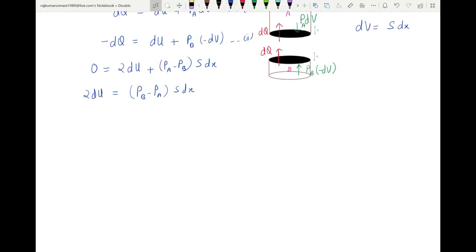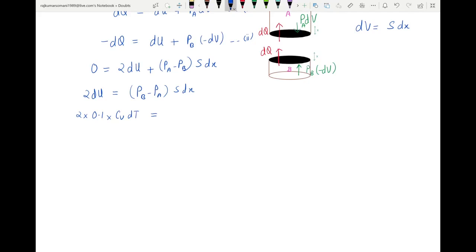Now dU can be written as number of moles into Cv into small change in temperature at this particular instant, and this is equals to PB minus PA times S dx. At this particular instant the pressure can be found by ideal gas equation.